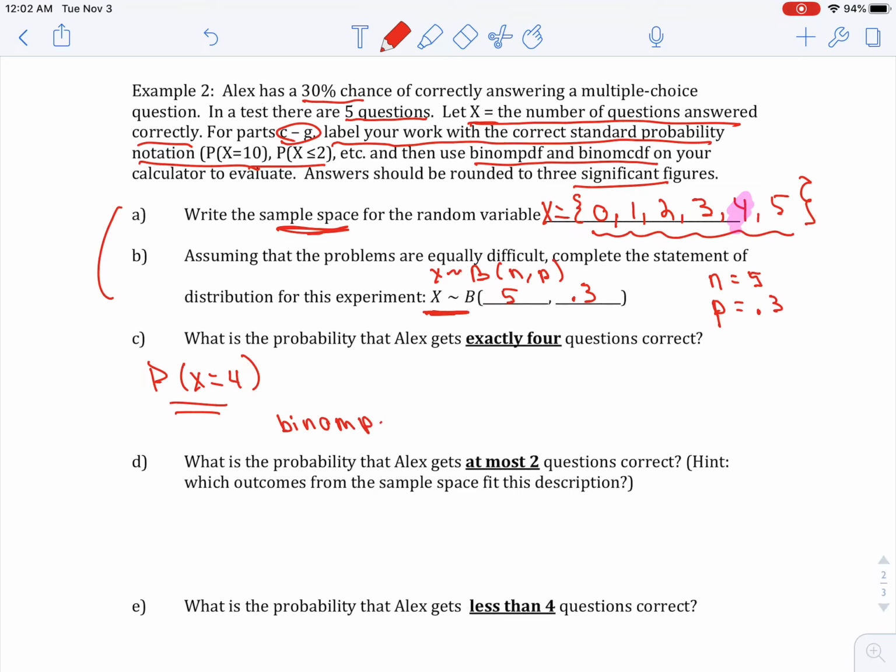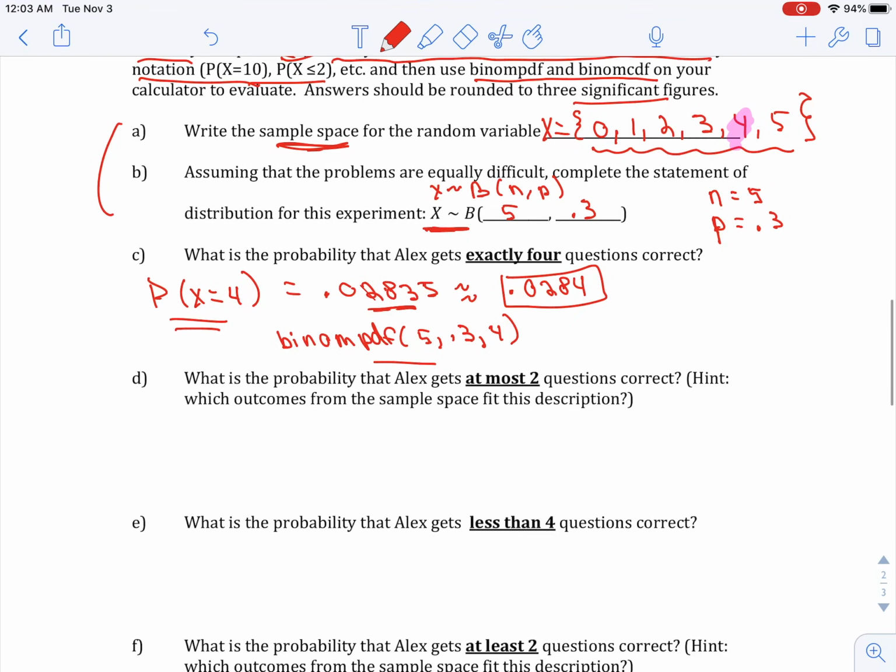It's going to be binom PDF. We have 5 trials, probability of success 0.3, and we want to find out the probability that X is equal to 4. If you go to your calculator, and I've shown you how to do that, and put that in, you're going to get 0.02835. And the directions say to round it to 3 sig figs, so 0.0284 will be the probability for that one.